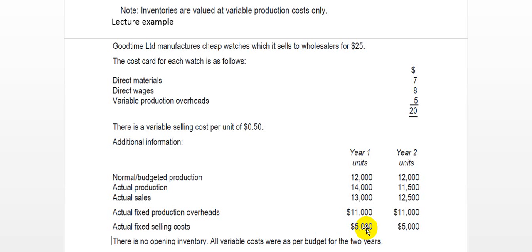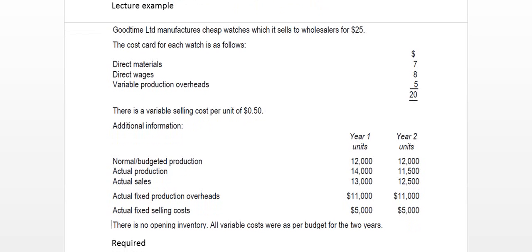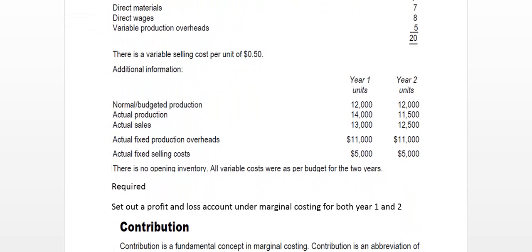You are told also that there are variable selling costs per unit of 50 cents. Then you're given additional information for year 1 and year 2. You've been told that there were no opening inventories. All variable costs were as per budget for the 2 years. You are required to set out a profit and loss account under marginal costing for both years 1 and 2.